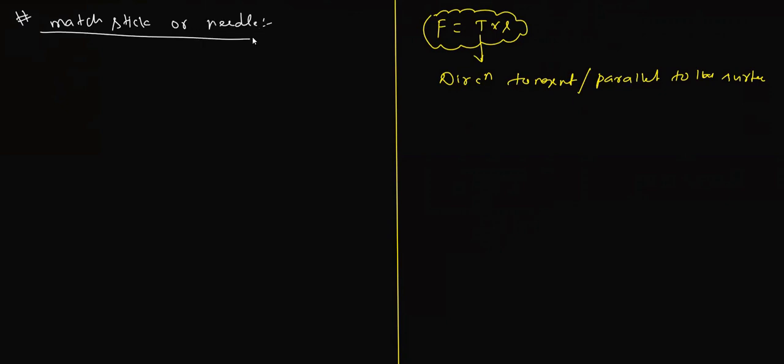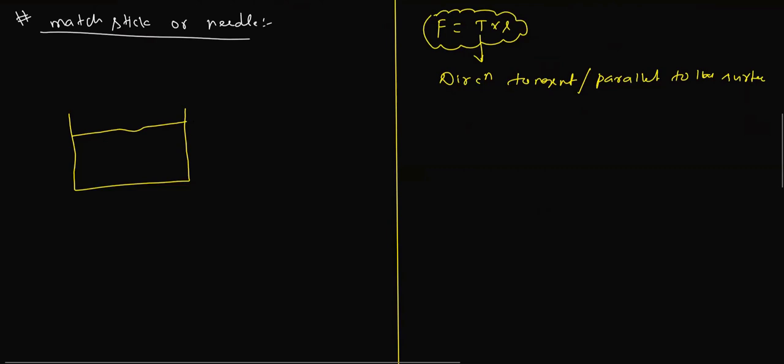We have one container, and we fill some liquid up to here like this. Here we are placing one matchstick. That's why the surface is depressed.